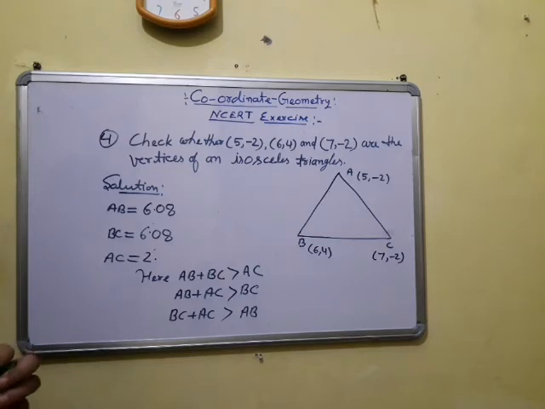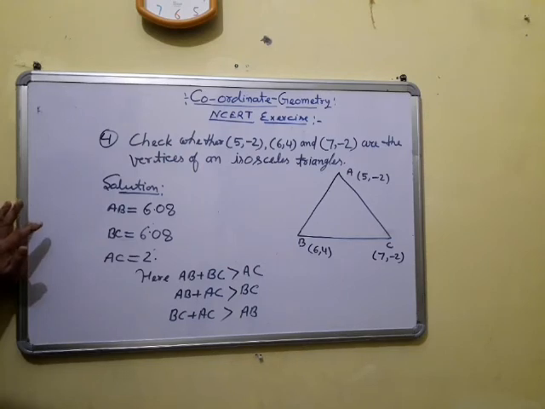So triangle ABC is a triangle, as the sum of two sides of a triangle is greater than the third side.